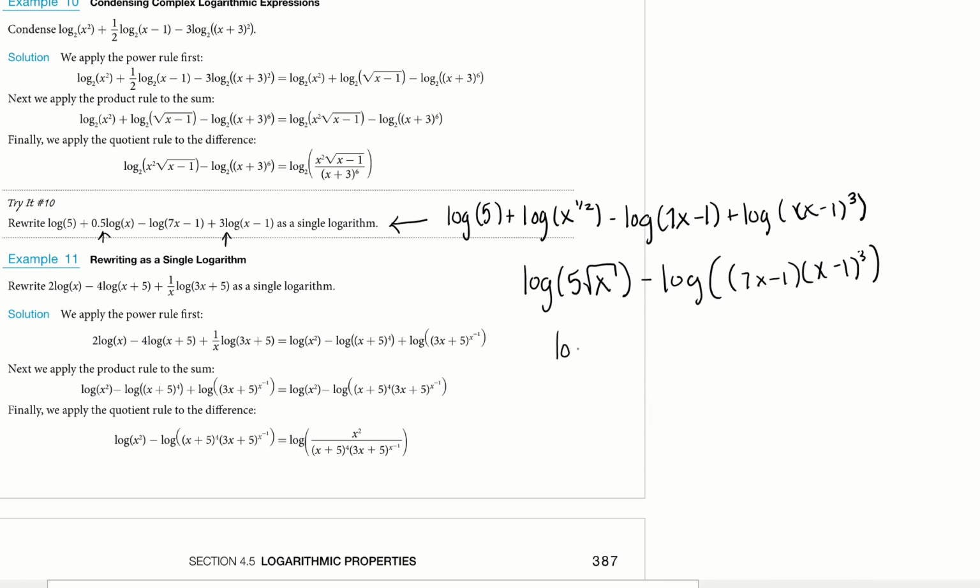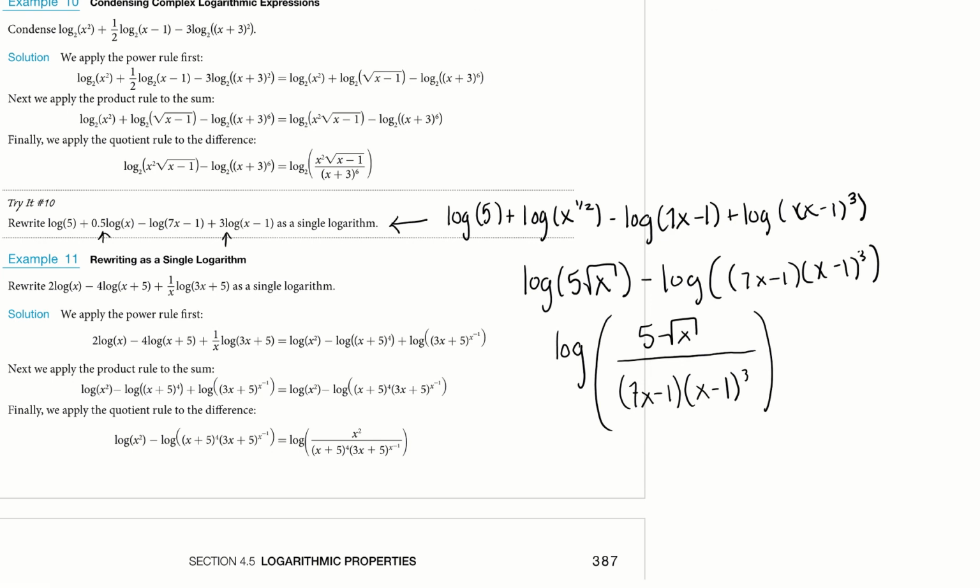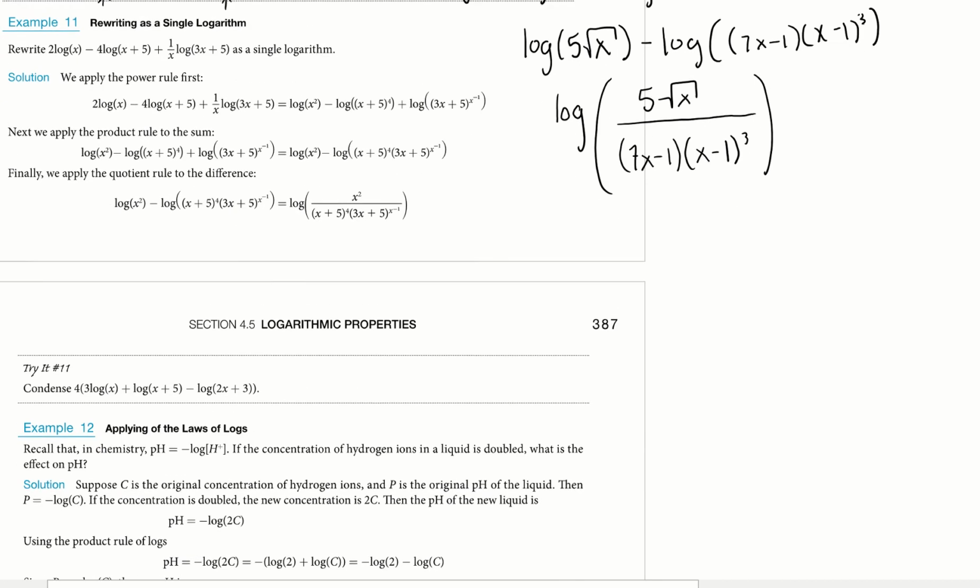And I'm going to say it is log (7x − 1) times (x − 1) cubed divided by 5 square root x. And this is the whole thing. Not too bad.